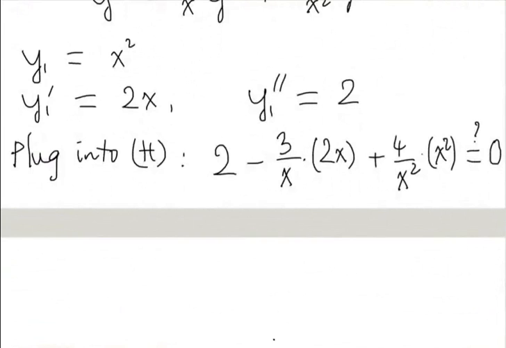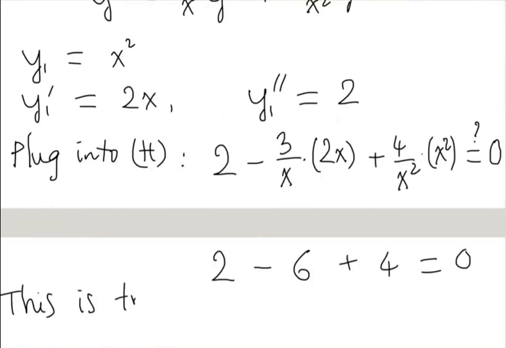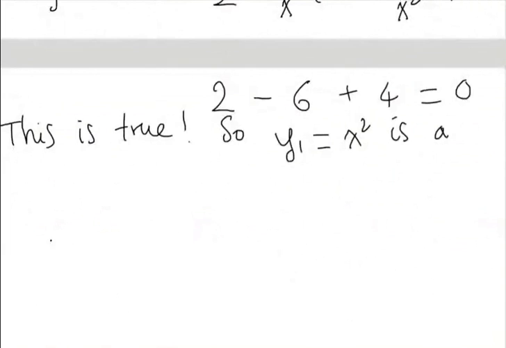We can simplify and get 2 - 6 + 4 = 0. This is a true identity. So yes, y1 = x^2 is a solution to the homogeneous equation.